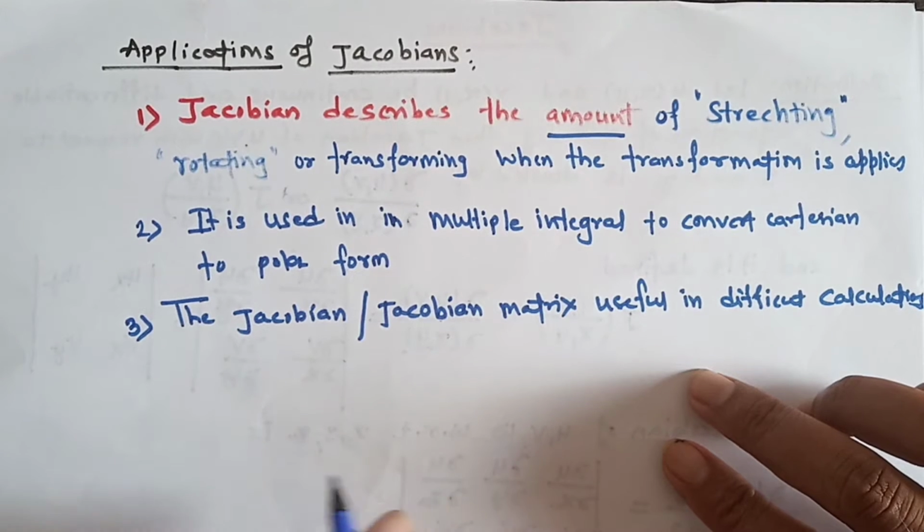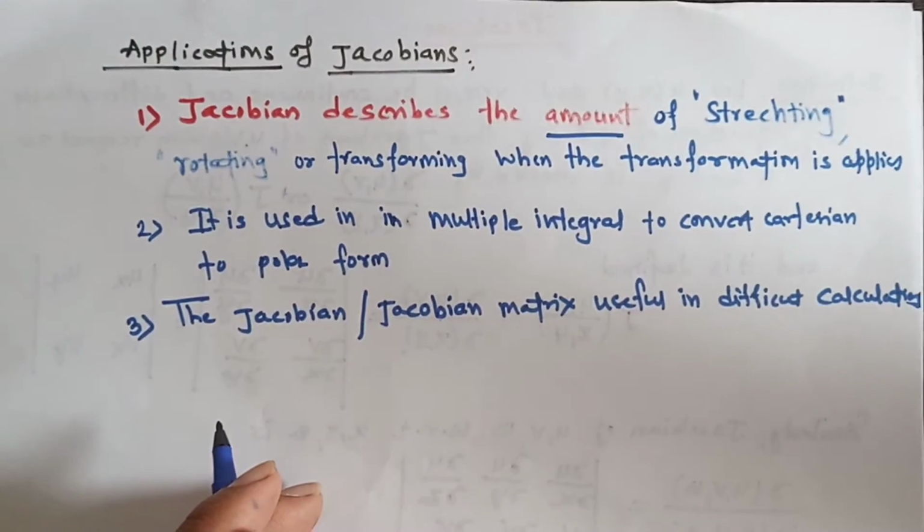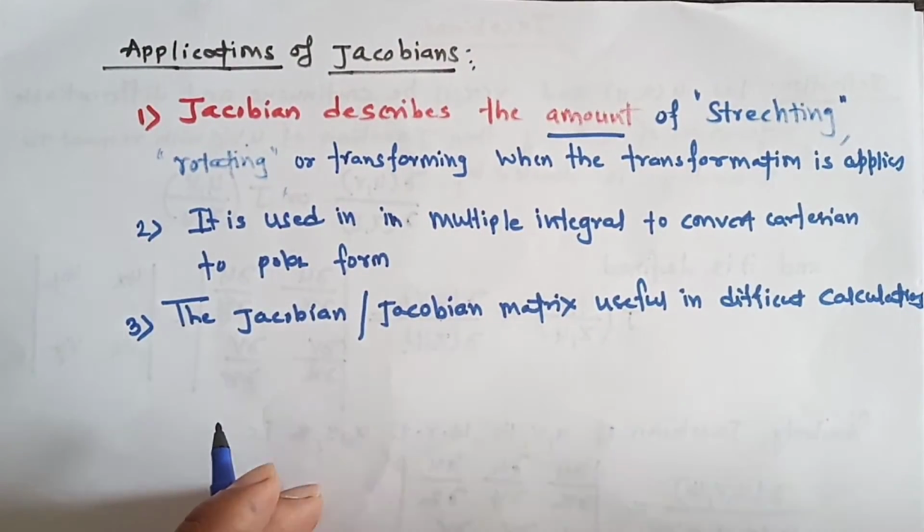So Jacobian is also useful in difficult calculations, particularly in integrals, since the difficult calculation becomes simple after applying the transformation. So these are some applications of Jacobians.